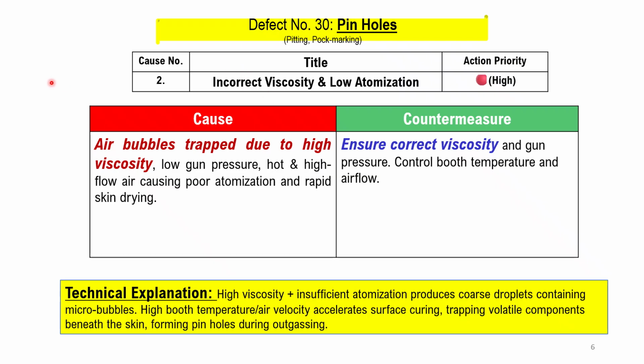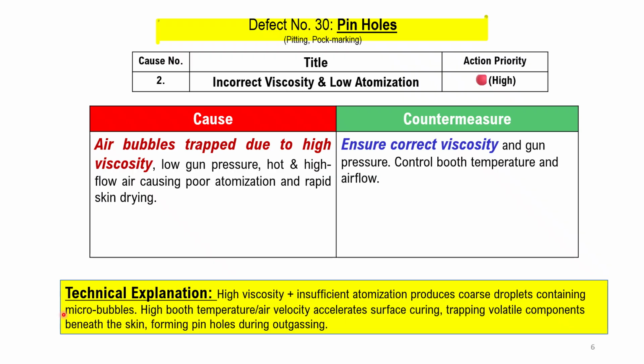Number two, probable cause could be incorrect viscosity and low atomization. That is, air bubbles trapped due to high viscosity, low gun pressure, hot and high flow air causing poor atomization and rapid skin drying. High viscosity plus insufficient atomization produces coarse droplets containing micro bubbles.